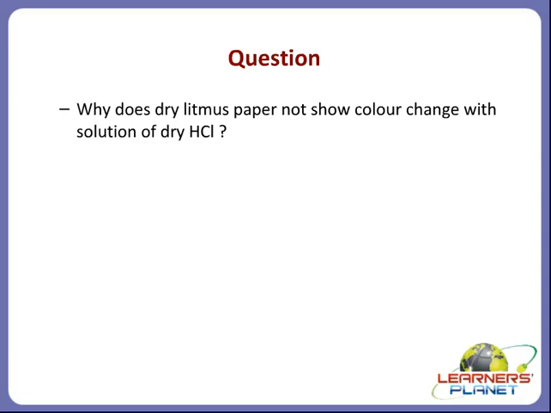Here also, litmus paper acts only in solutions. Now this litmus paper shows color change in acidic or basic medium. So how does this color change occur?